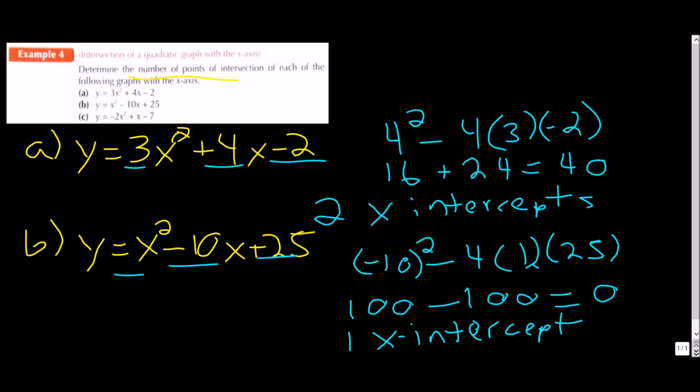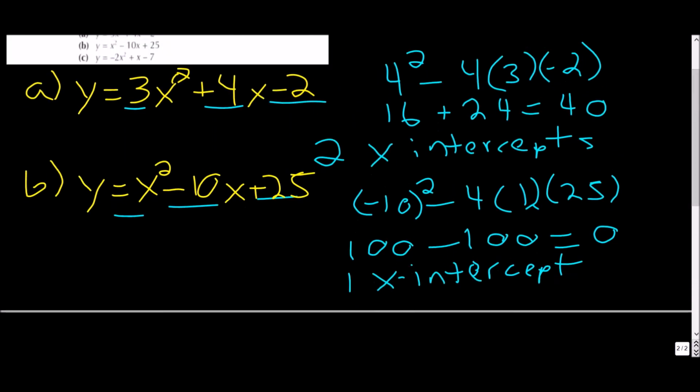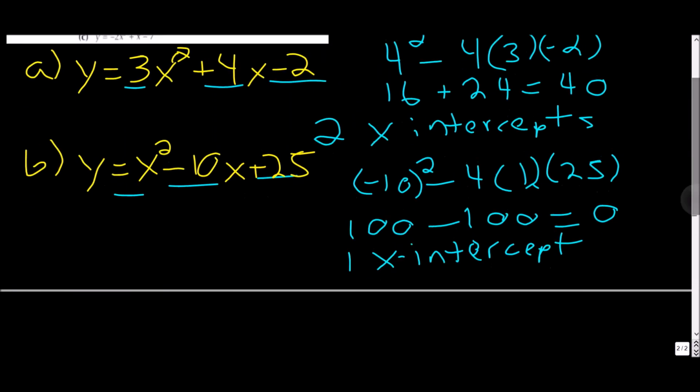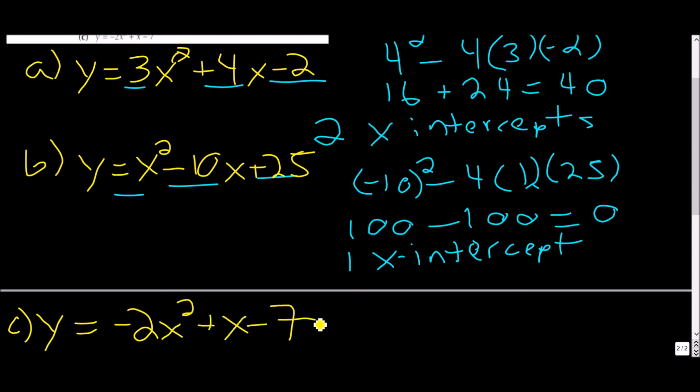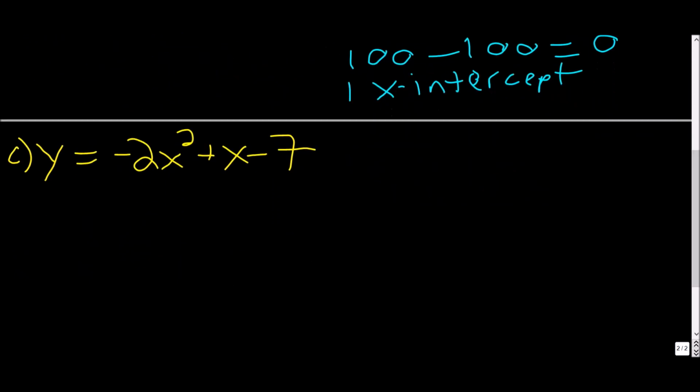And then lastly, we're going to look at the last part, which is y equals negative 2x squared plus x minus 7. Okay, so at this point, we're going to do the same thing, right? It just wants to know the number of intercepts.